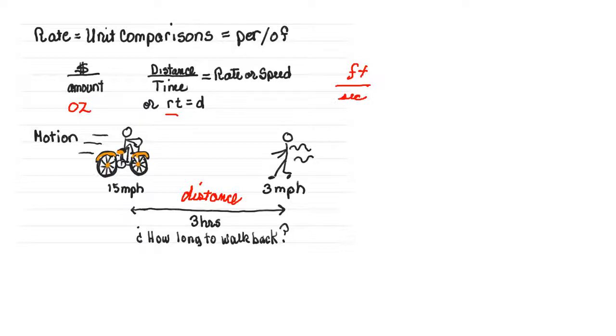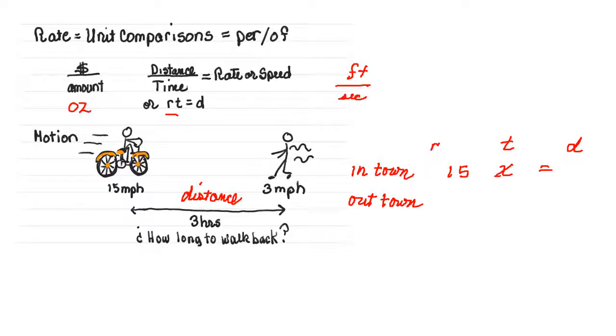So making a chart is one of the things that really helps here, to break up what's pretty much happening. He went into town, he came out of town. Since we've got miles per hour, we've got rate, we've got time, and that equals the distance.